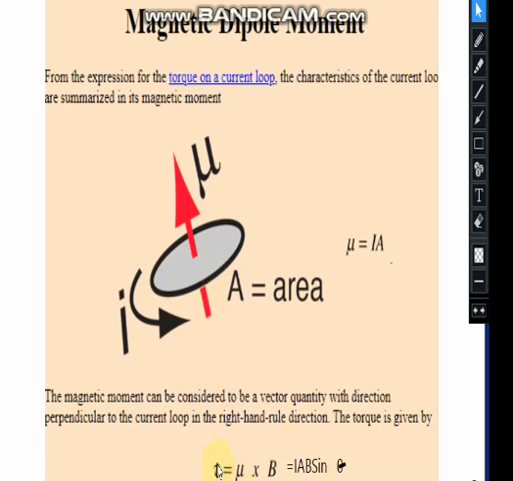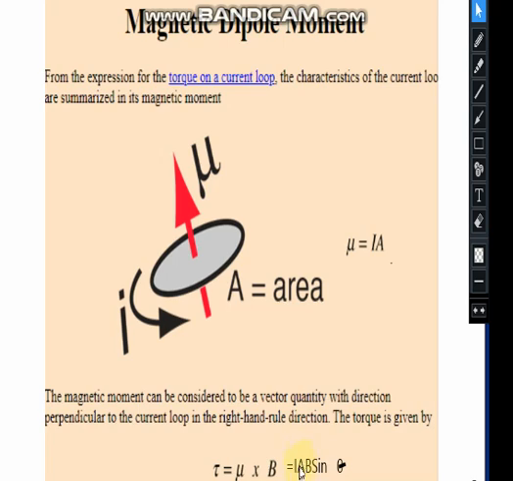So this is a torque acting on any current loop of any shape carrying the current I, having the area A placed in the magnetic field B, and the normal to the area A makes an angle theta with the magnetic field B. So this theta is the angle between A and B, the area of the loop and the magnetic field B. But remember that area has a direction along the outward drawn normal to the plane of the area.